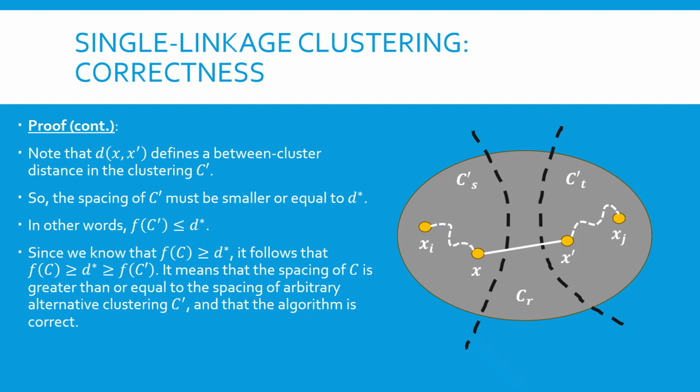This shows that the minimum spacing fC prime is always less than or equal to fC. In other words, the greedy single-linkage clustering algorithm produces a clustering with maximum minimum spacing among all possible clusterings. Thus, single-linkage clustering indeed maximizes the minimum cluster spacing.